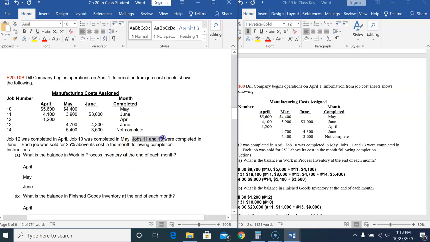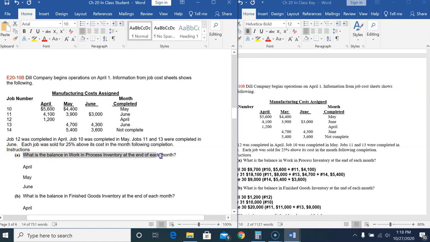Jobs 11 and 13 were completed in June. So job 11 was started in April, completed in June. These were the costs incurred over those 3 months. Job 13 had costs incurred in May and June and was completed in June. Each job was sold for 25% above its cost a month after it was completed.